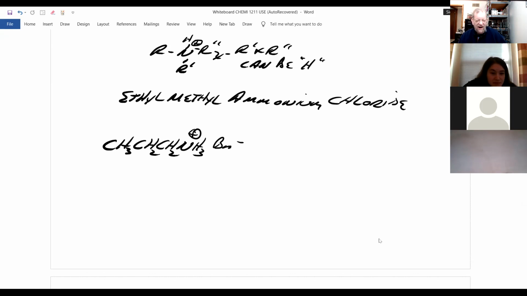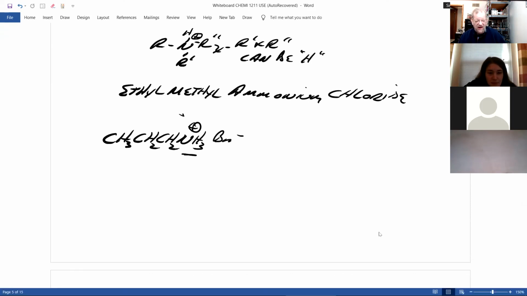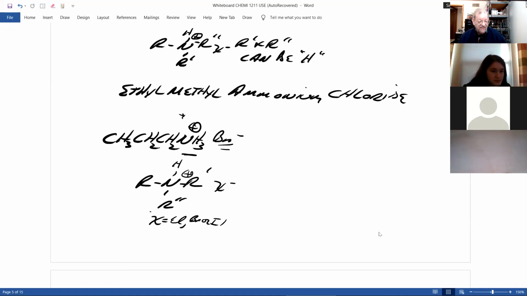So let's take a look at this. Ooh, a nitrogen with a charge on it. And there are 4 things bonded to it. And one of those 4 things is a hydrogen, actually more than one. And it's got a halogen anion. It could be other anions. Remember, for my class, X is chlorine, bromine, or iodine.